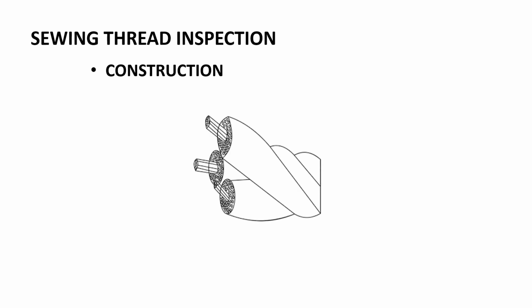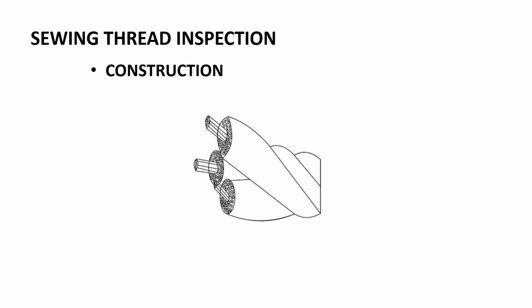Let us see, students, when you are talking about different raw materials, since fabric we have already covered in our earlier lessons, we will not cover it in this lesson. So we will straightaway start with the sewing thread. Sewing thread inspection is important. When you talk about it, the first part that comes to mind is the construction of the sewing thread.